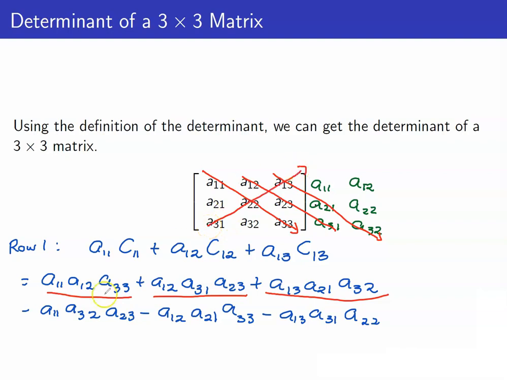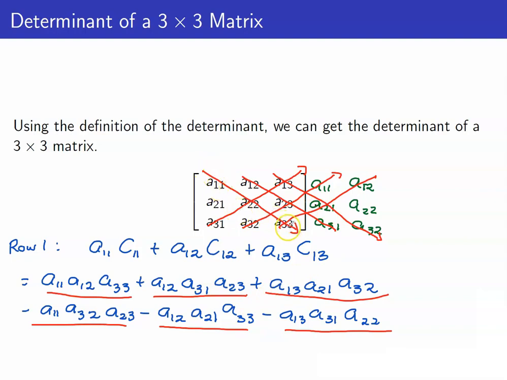This one, where is that term? A31, A22, A13. That is this term. This one, that's A32, A23, A11. And lastly, this one is A12, A21, A33. So that's a way to get the determinant of a 3 by 3 matrix.